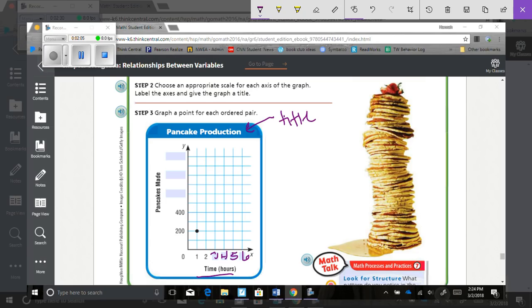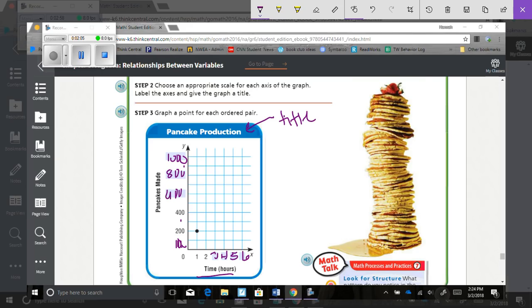Sorry, it's really hard to write that small. But over here on the y-axis, you can see that they jumped from 0 to 200, but there was a line in between. So this would be 100 here, 200, this would be 300, 400, 500, 600, 700, 800, 900, 1000.